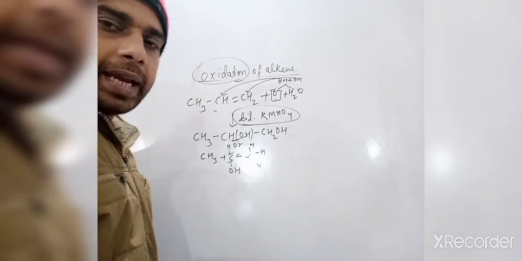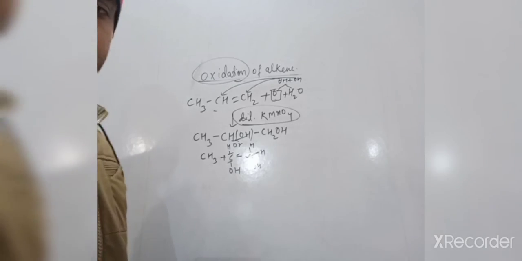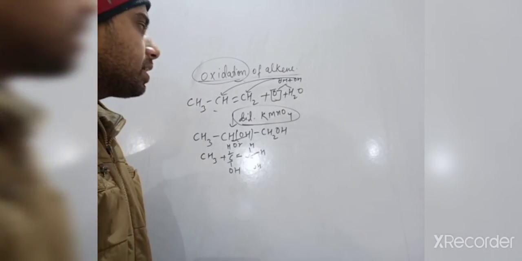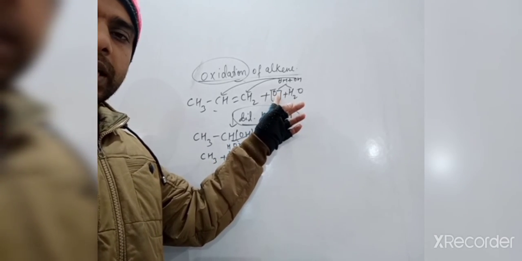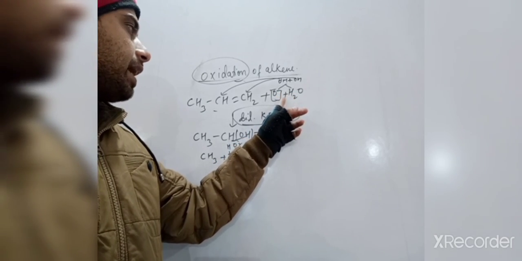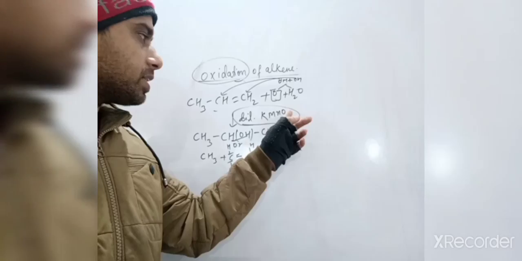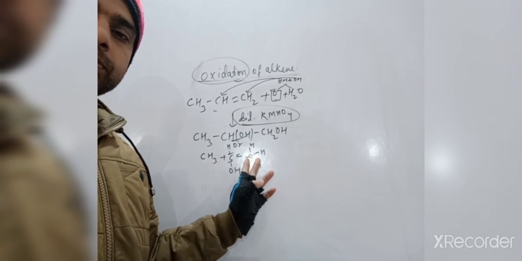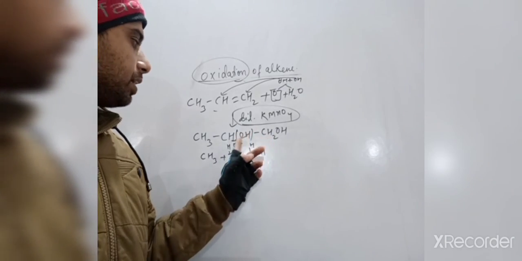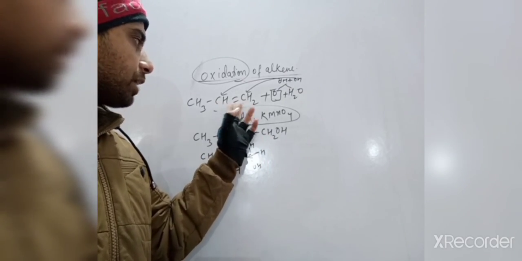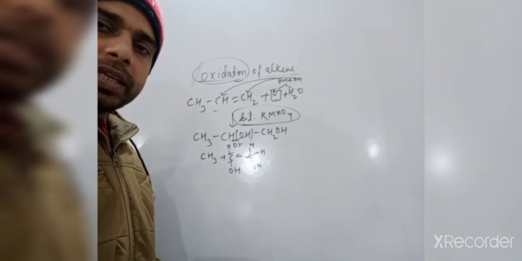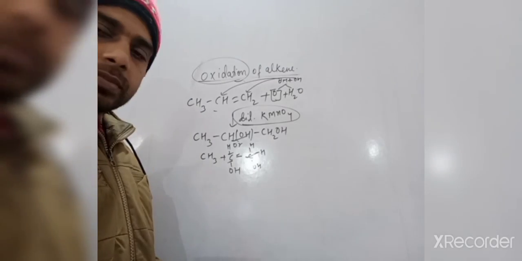Here I have done the oxidation, so nascent oxygen would be there, and the reaction between nascent oxygen and water will give hydroxide to both the carbon atoms around the double bond. So this was the oxidation of alkenes. Okay, thank you.